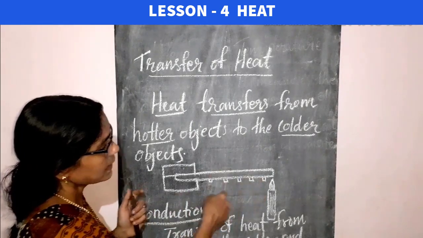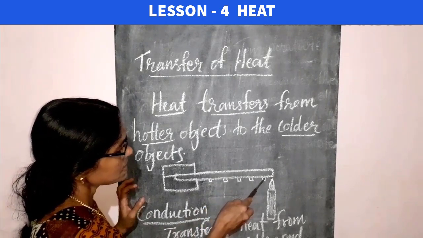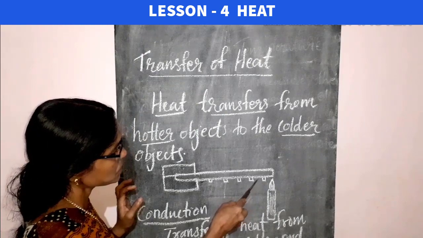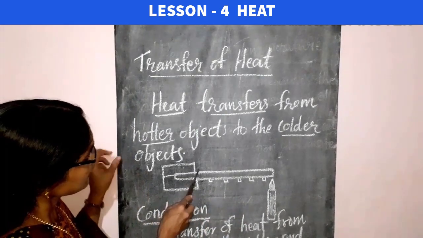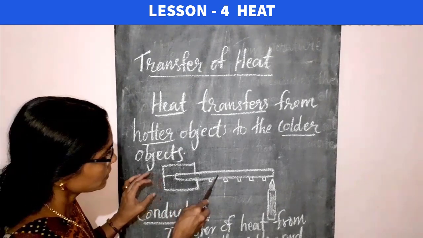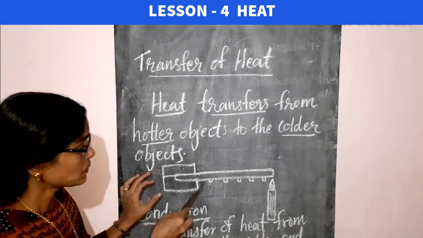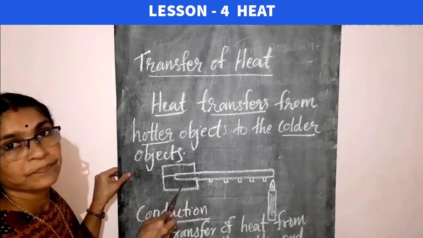We have to take the metal rod, and fix some wax pieces at equal distances like this, and clamp this rod on a stand. If a stand is not available, we can place this rod in between two bricks. Okay.